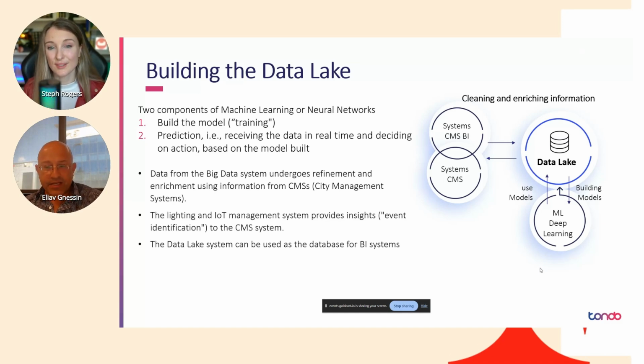Okay, so the idea is that we train the system according to the data that we have in our data lake. I want to remind you that the data lake includes both the IoT data, but also external information that comes from the city. Sometimes it's the height of the pole or the type of LED light that was installed, or other information that comes from the city.